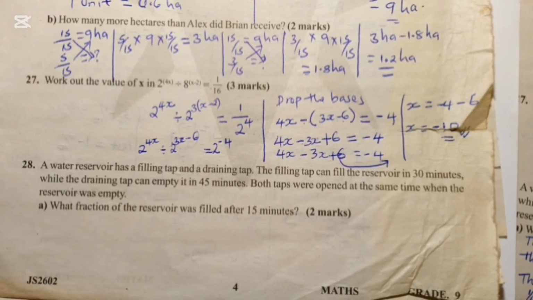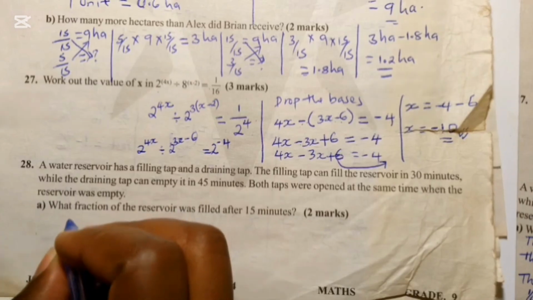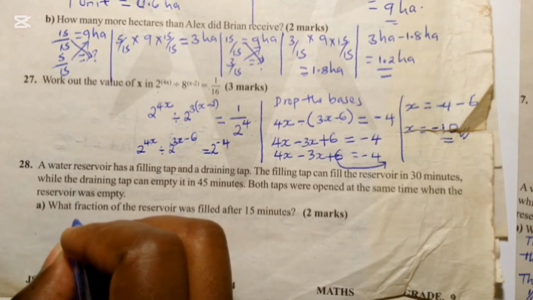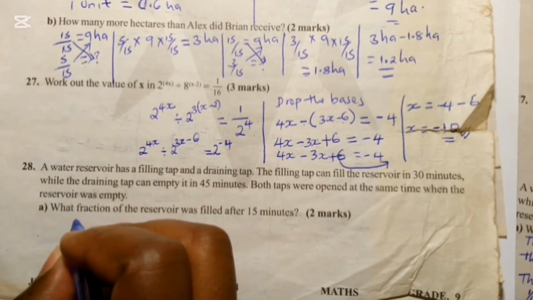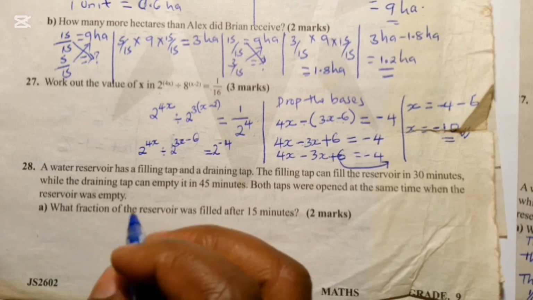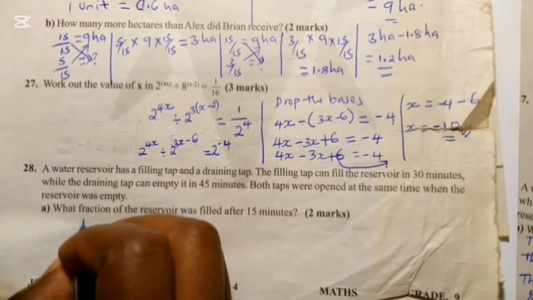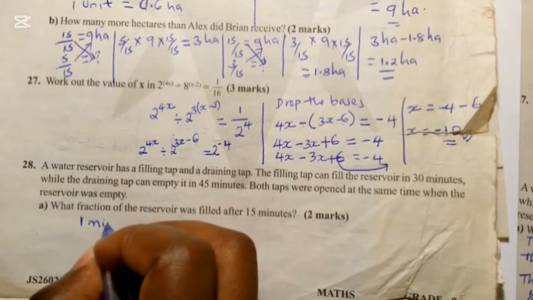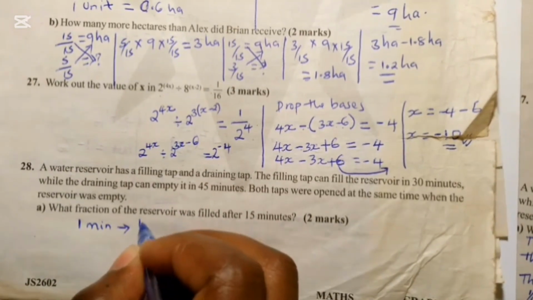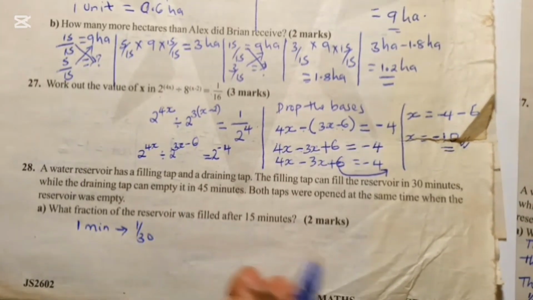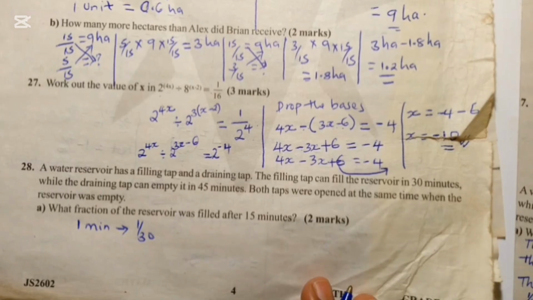If this filling tap fills the reservoir in 30 minutes, it means that in 30 minutes, 30 over 30 of the reservoir will be filled, meaning that in 1 minute, 1 out of 30 of the tank will be filled.